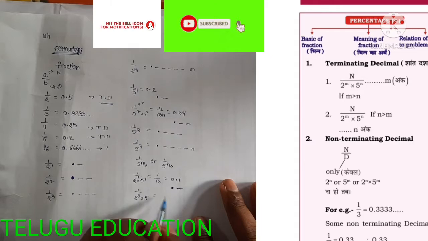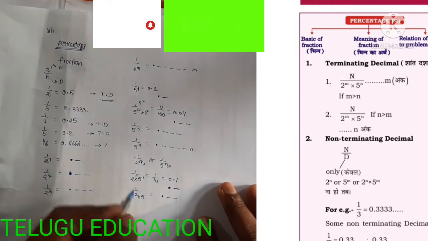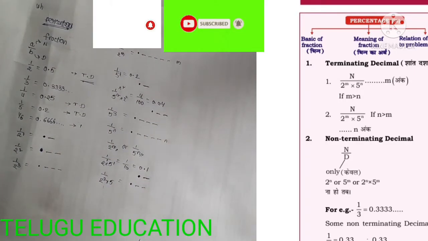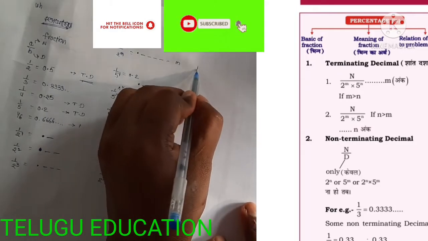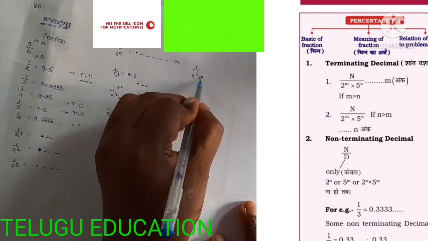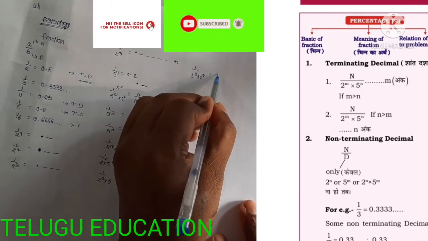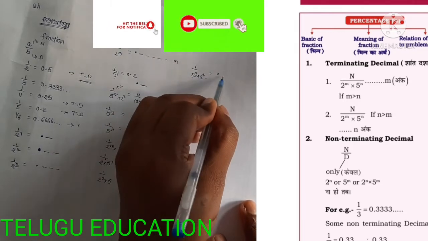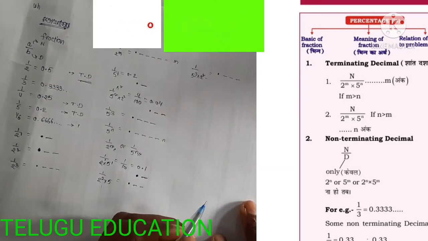Here the highest power is 2, so after a decimal point you have to get two digits. Then 1 by 5 cube into 2 square. The highest power is 3, so after a decimal point you have to get 3 digits.